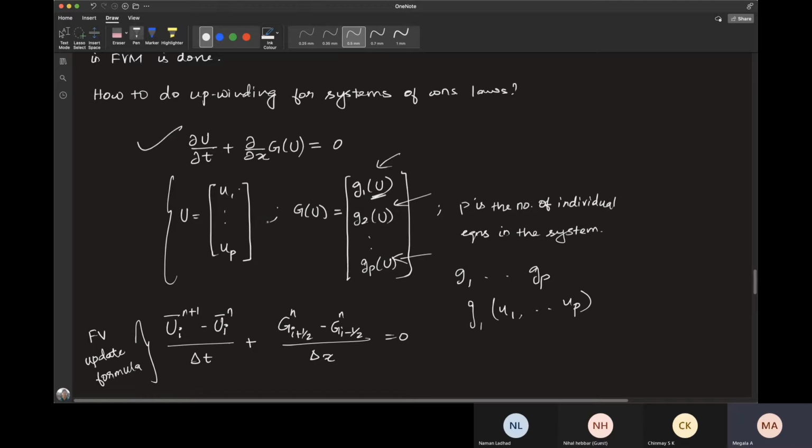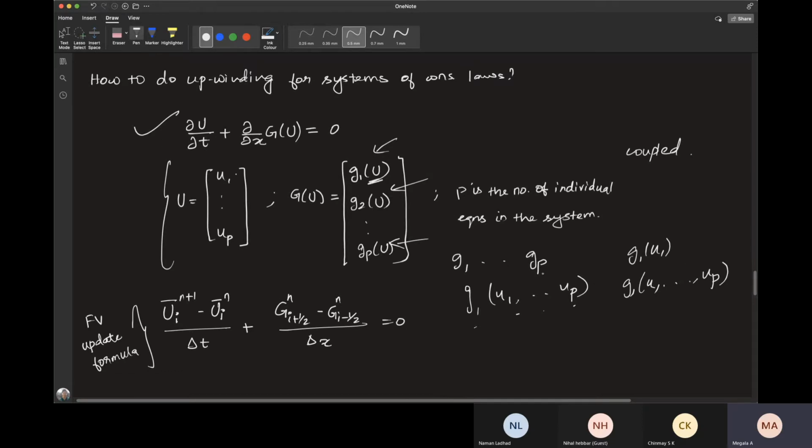So this is our system, and in this system of conservation laws we have p individual scalar conservation laws, but these conservation laws are coupled. Each of them is coupled because g1 is dependent on all of the conserved variables, not just u1. g1 is not just dependent on u1, it's dependent on all of the elements in the conserved variable vector.